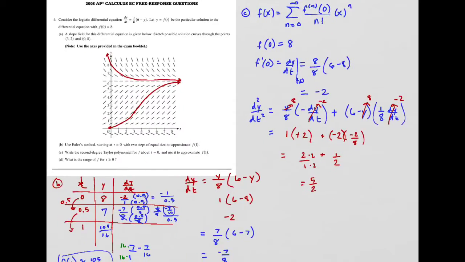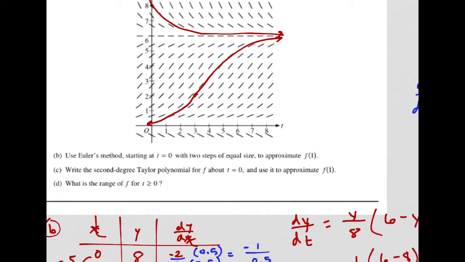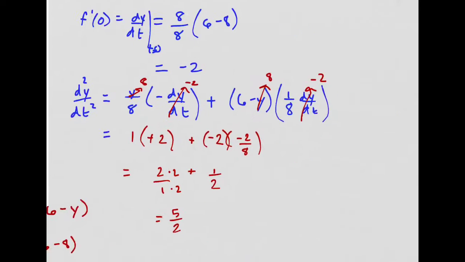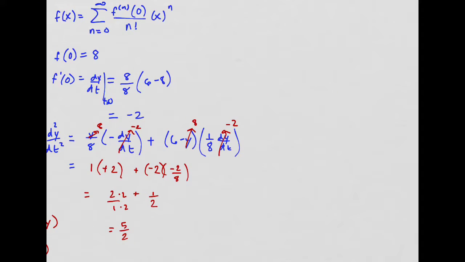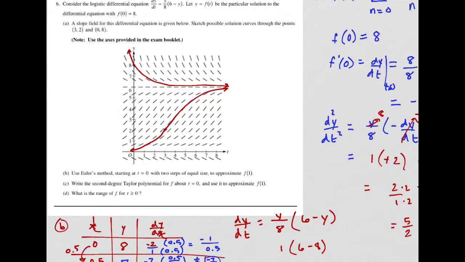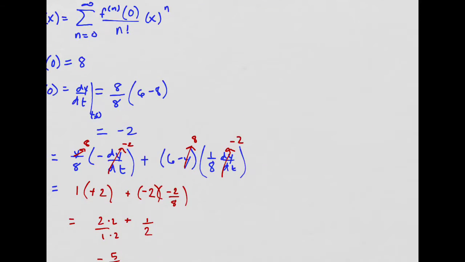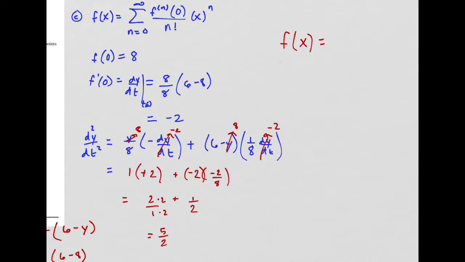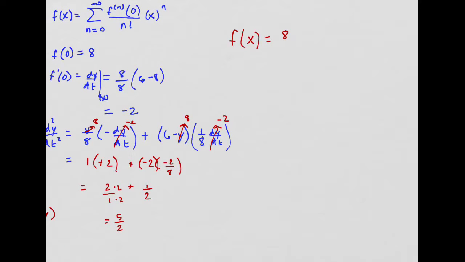It needs a second degree Taylor polynomial, right? The second degree Taylor polynomial, all we're doing is using this formula. Are we doing that? To approximate, and use it to approximate f of 1. Okay, so f of x is going to be equal to the 0th derivative at 0, that's 8. x to the 0, that's just 1 over n factorial, 0 factorial, that's just 1.